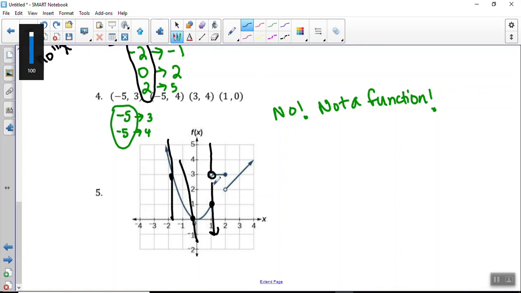It's still good for the vertical line test, and same thing here. So we can say yes, it is a function because it passes the vertical line test.